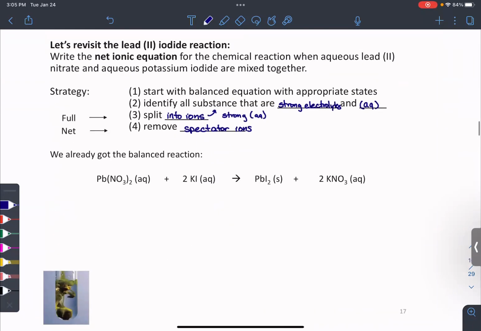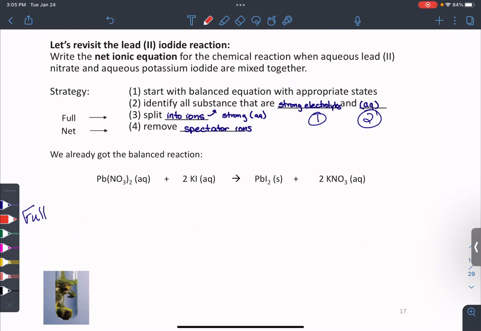Okay, so let's revisit this question. I have the balanced equation for you, and there's the strategy. So we have our balanced equation. Now we want to write our full ionic equation. The hardest part here is to determine what we have to split. We only split things that are strong electrolytes and aqueous. They have to be both of those things. They can't just be one. So let's go through these. Do we split up lead nitrate?